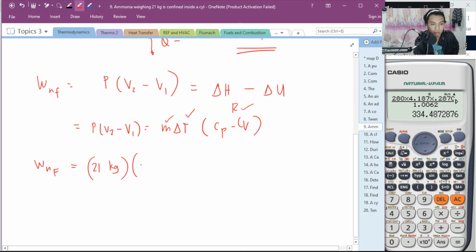Yung R mo, hindi mo alam, 8.3143. Divide mo na lang ng molecular weight. Ilan ang N dyan? Isa, that is 14. Plus H3, 3 times 1. Ang unit nito lalabas kilojoule per kilogram-degree Kelvin. And then, you multiply it with delta T.